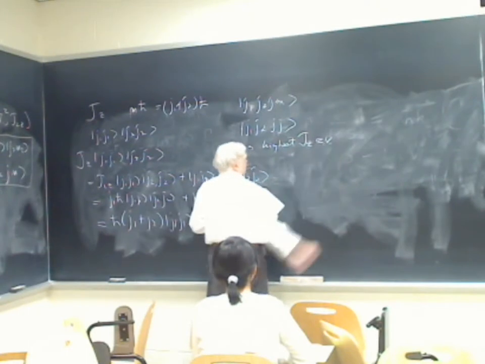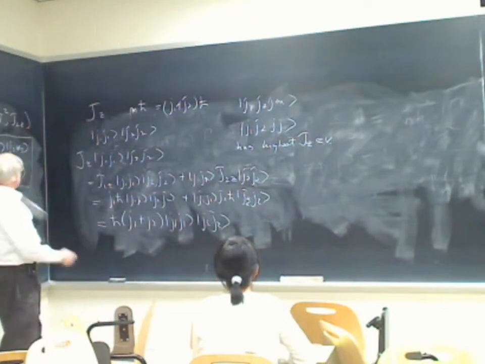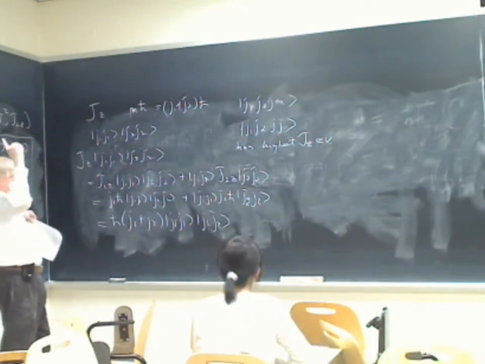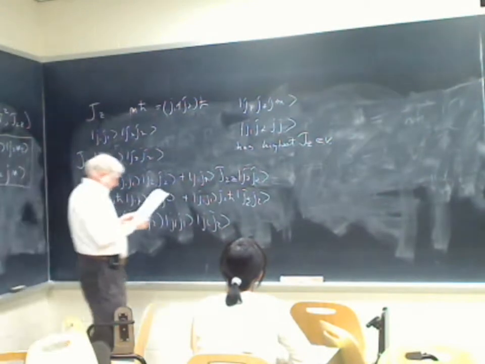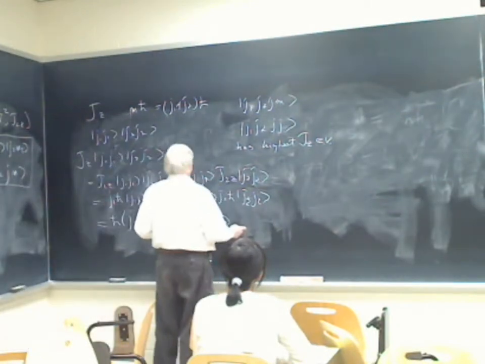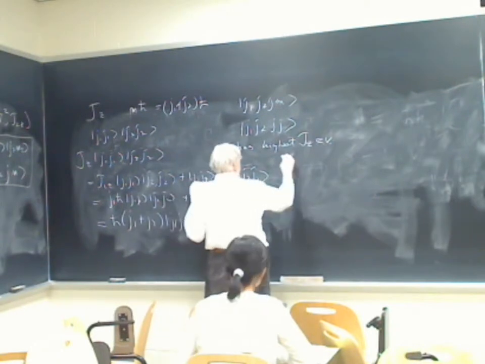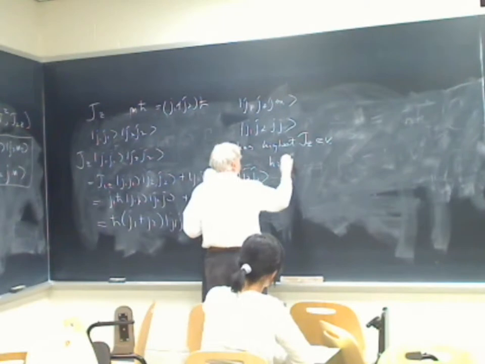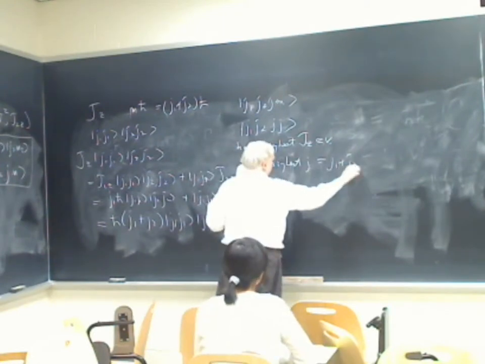So we get that eigenvalue. Okay? The state in this basis with the highest value of Jz will be the state J J. And so then what we learn is that the highest value of J is equal to J1 plus J2.